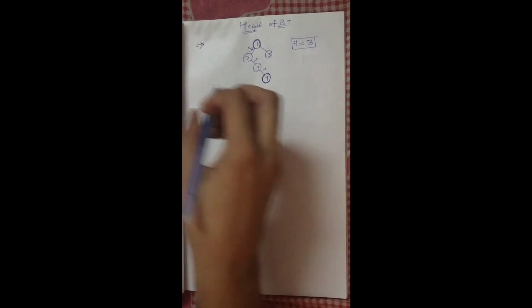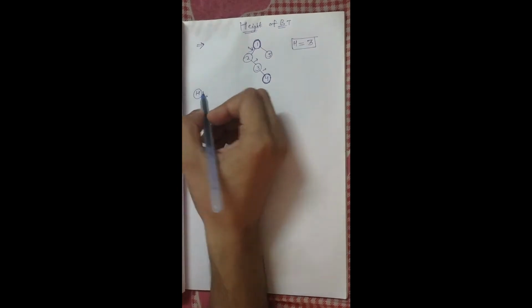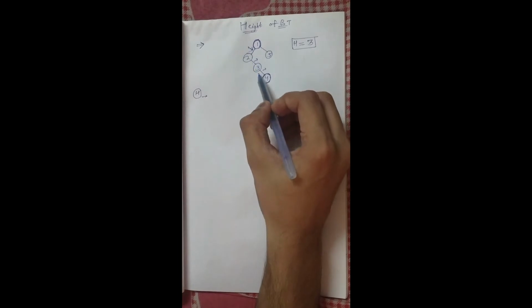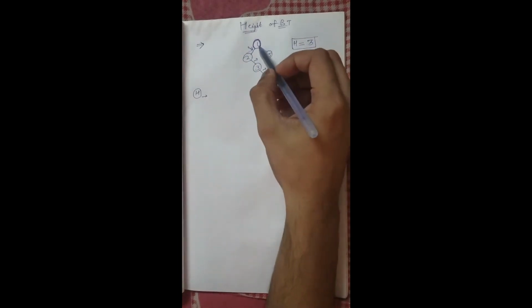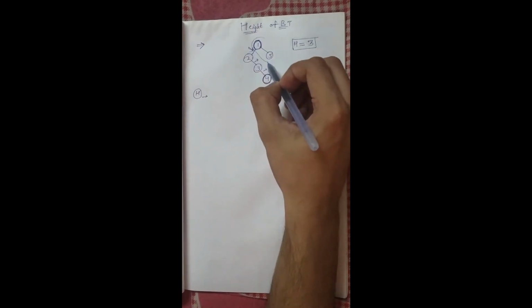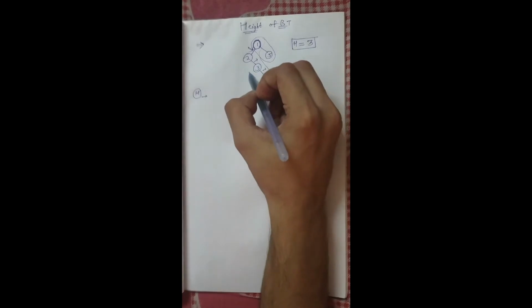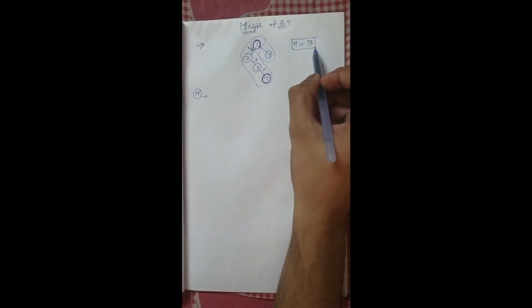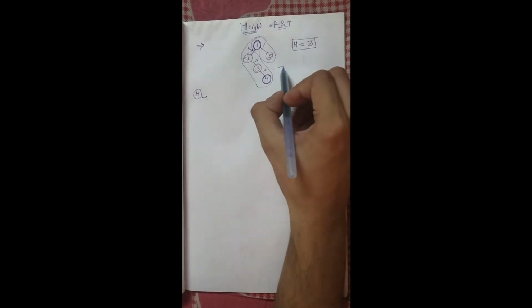Okay, so the approach which I have used in my solution is that I will count the number of nodes in the longest branch in this tree. You may have noticed that there are two branches. One is this 1 5 and the second is this. So obviously the height will be found in the deepest or longest branch of this tree.